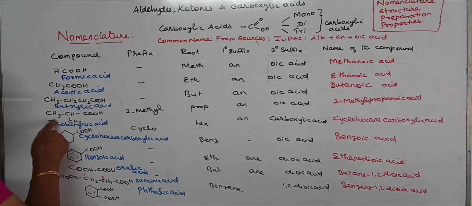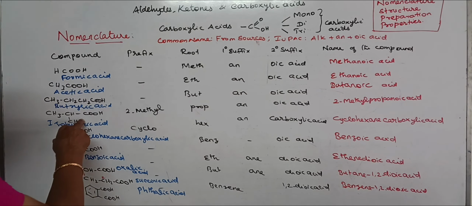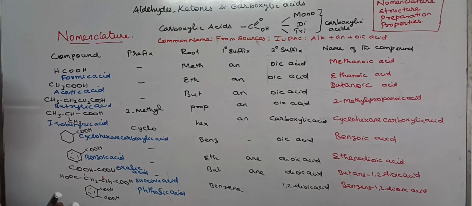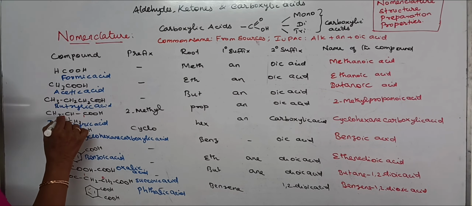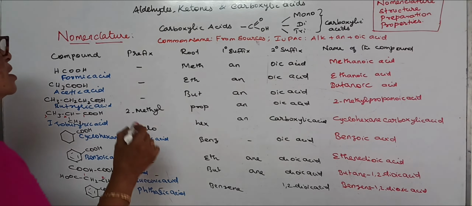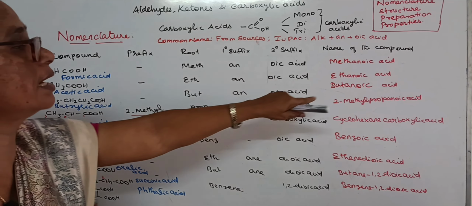It becomes isobutyric acid, because the CH3 group gives an iso structure with 4 carbons. For its IUPAC name, we start the numbering 1, 2, 3, and the second position has a methyl group, so the prefix gives 2-methylpropanoic acid.